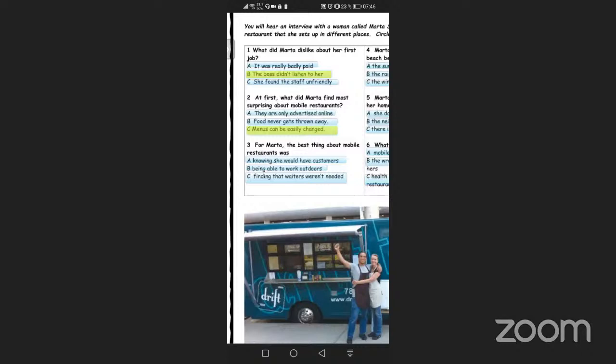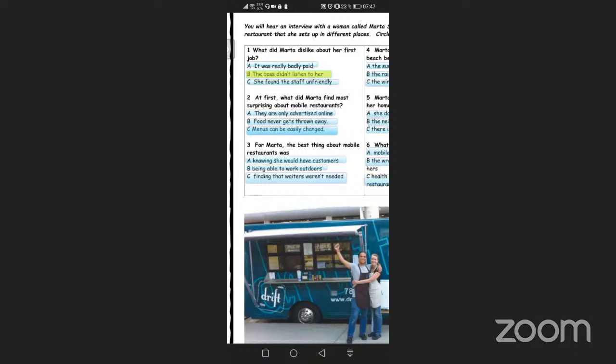Option B, yes, but I don't think that was what she found most surprising about mobile restaurants. She mentions that, but I don't think she described it as something surprising. What option would it be?